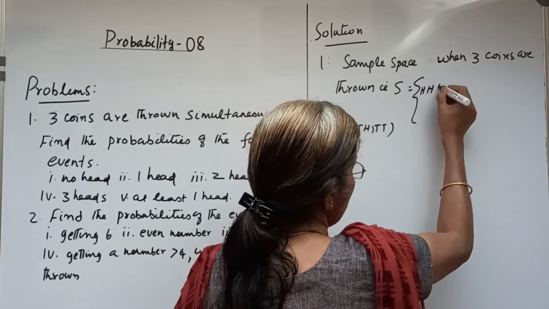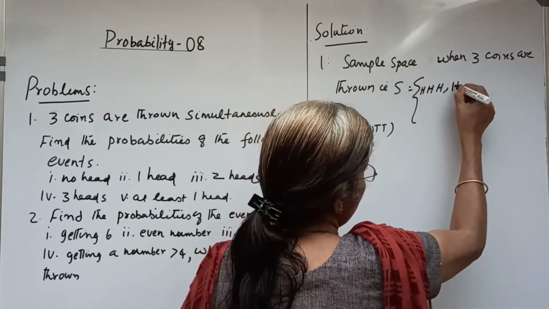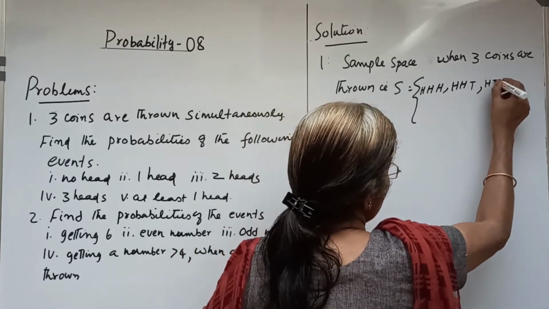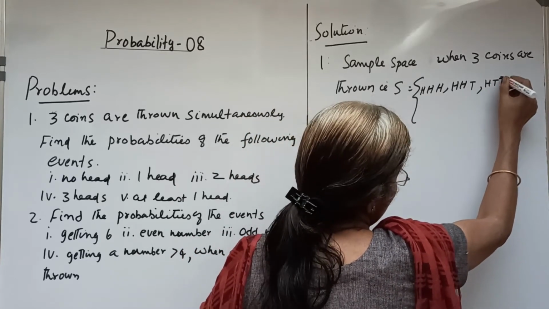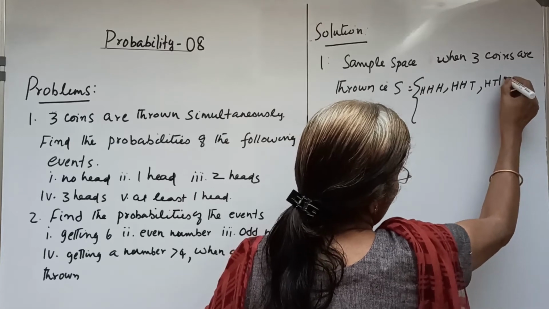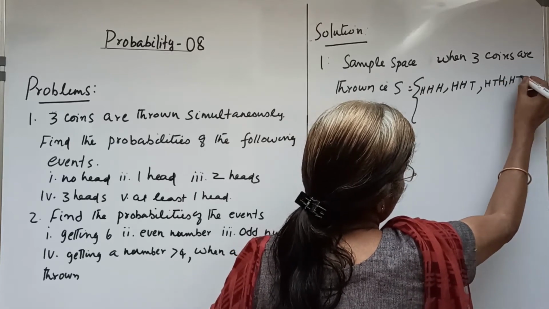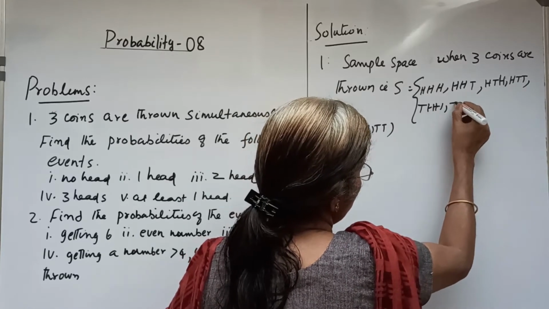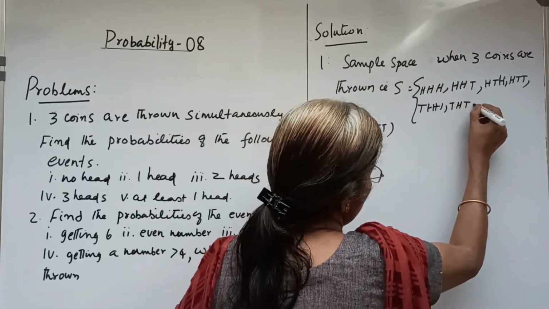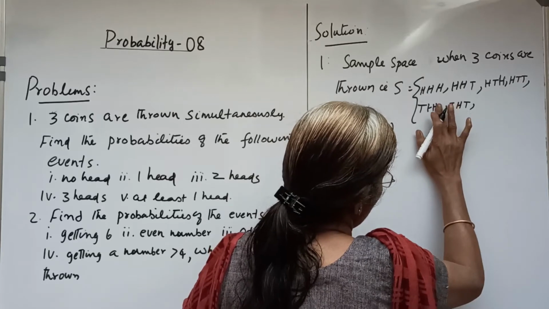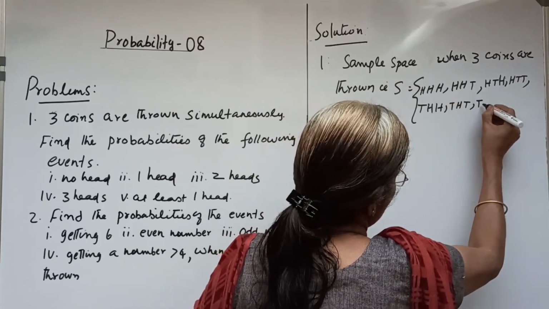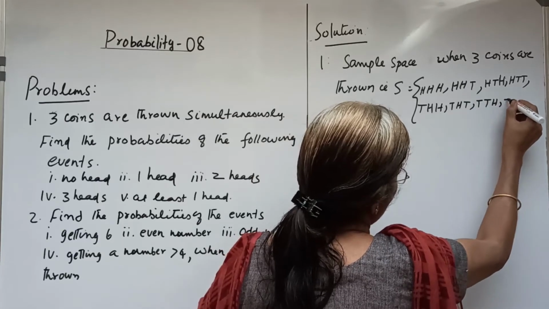We write HHH, HHT, HTH, HTT, THH, THT, TTH, TTT.